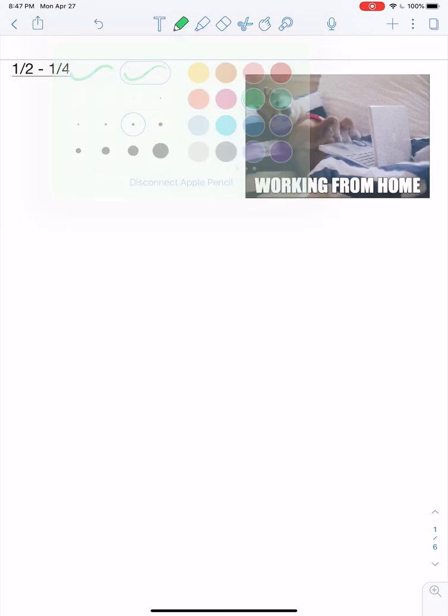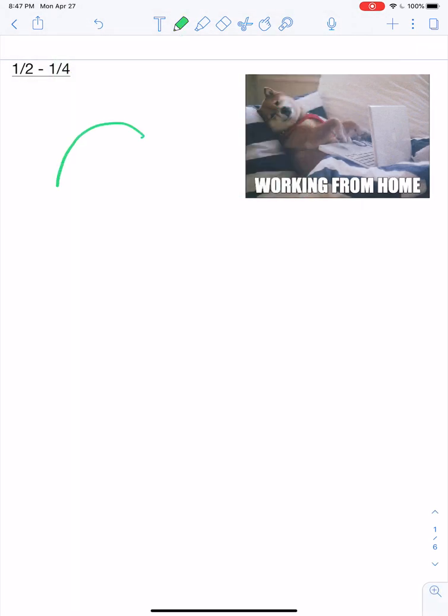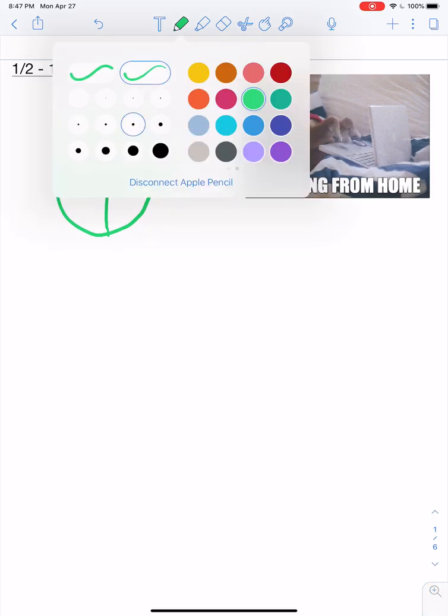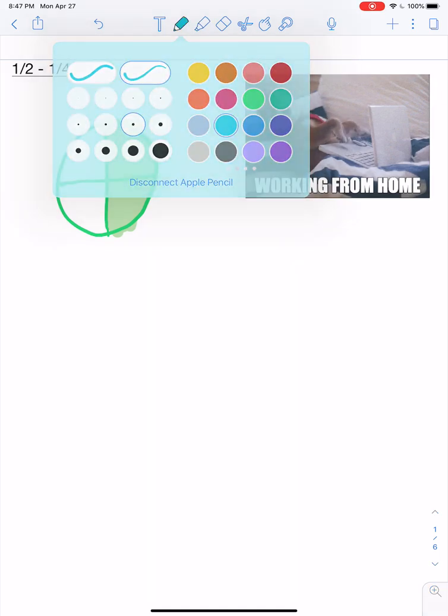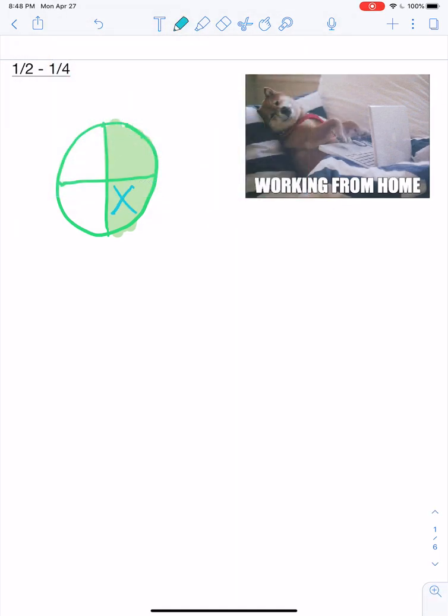This one, again, a lot of people use area model, they use fraction bars or circle models. And if people used an area with circle model, they often started off with the 1/2. And they tried to illustrate removing 1/4.